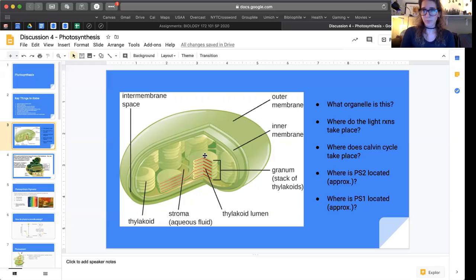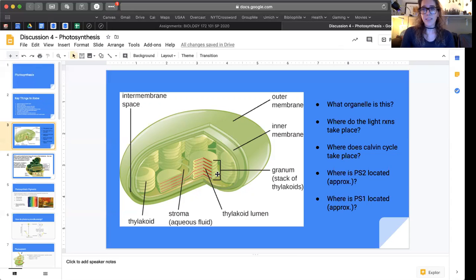So, structure being synonymous with function a lot of the time, photosystem 2, the first one, is going to be located in the middle here. It doesn't really need that much contact with the stroma because it's not directly interacting with the Calvin cycle or shuttling products to it. So it doesn't matter if it's located in the middle without much access to that.